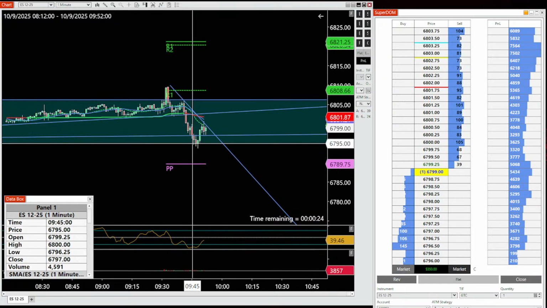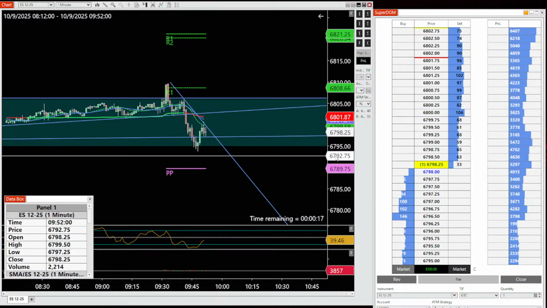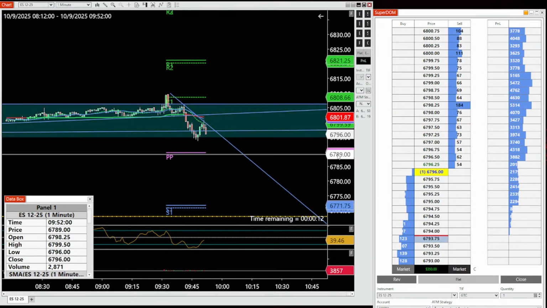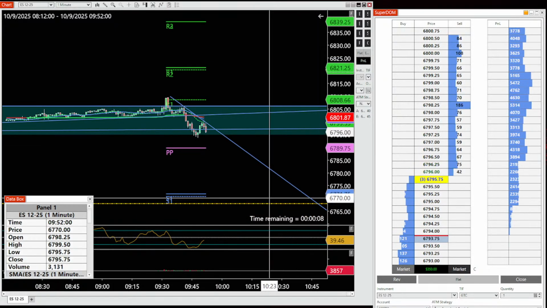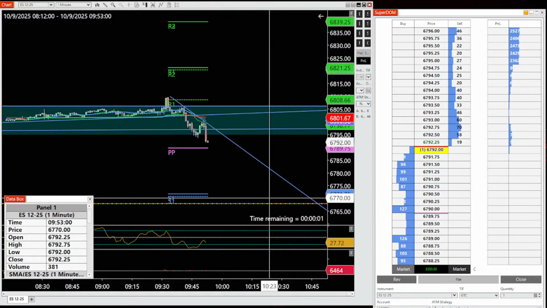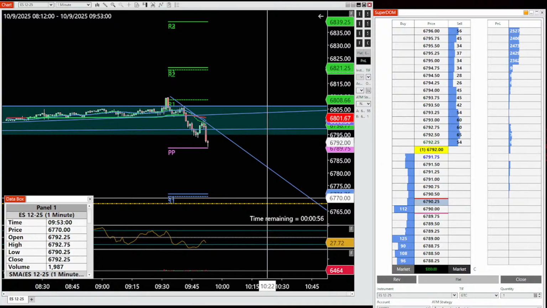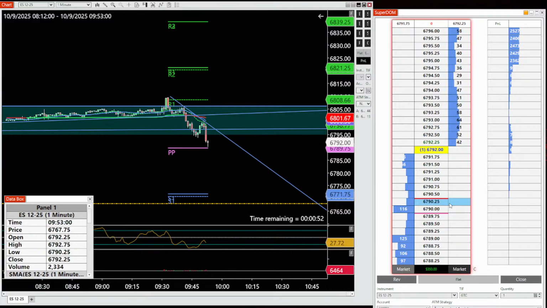We came to, it's 6,800. Get back above 6,800, we go higher, and if we don't, I guess we could possibly go lower. $67.95 was also right here, the overnight low.